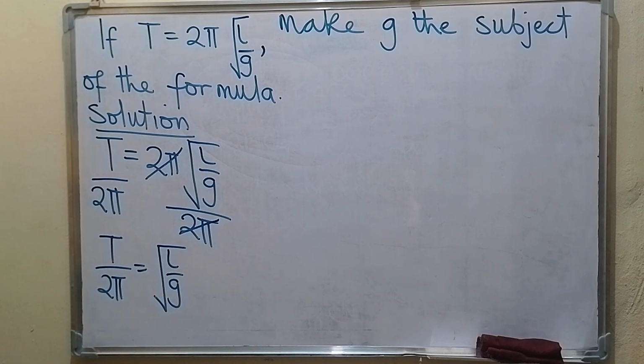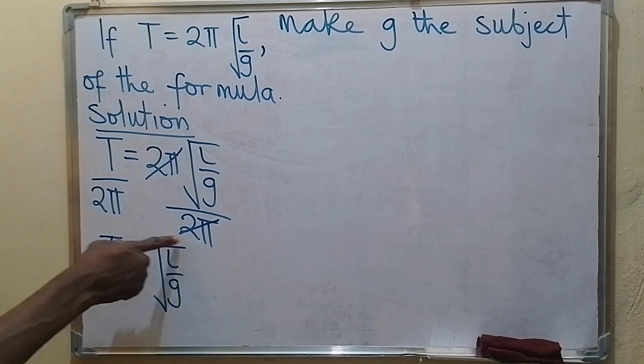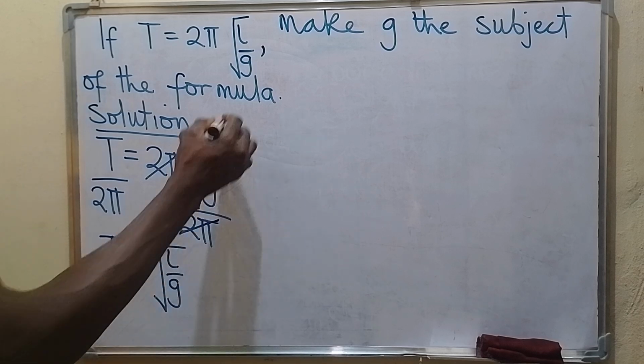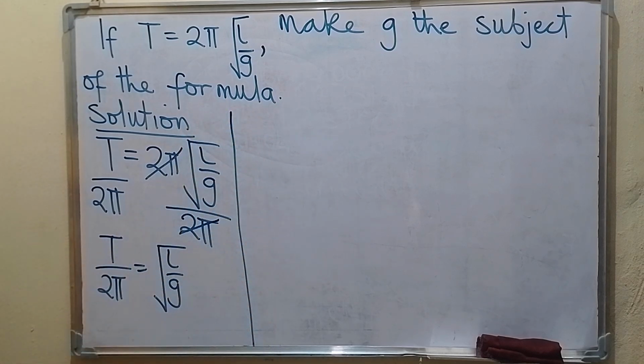The next one we go try to remove now is this square root sign. So the opposite of the square root sign will be to square both sides.